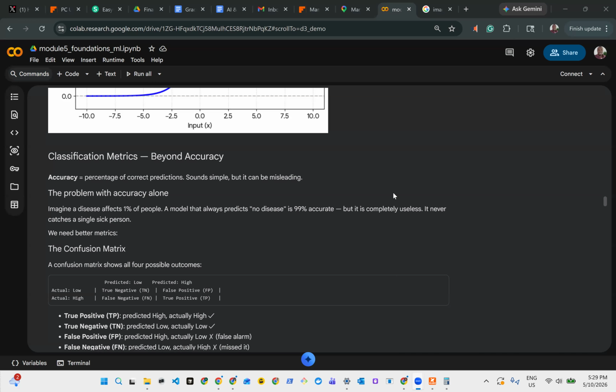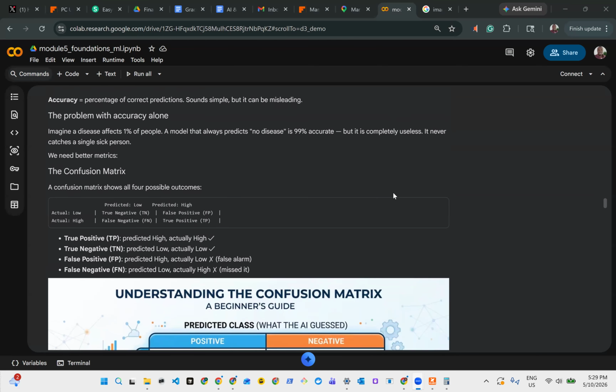So, as a result, we need better metrics. Here we have a confusion matrix, which shows four possible outcomes. We have the true negative outcomes, the false positive outcomes, the false negative outcomes, and the true positive outcomes.